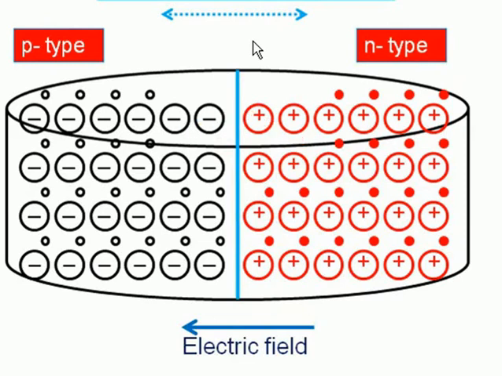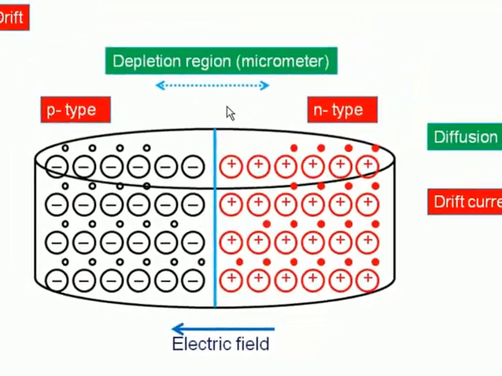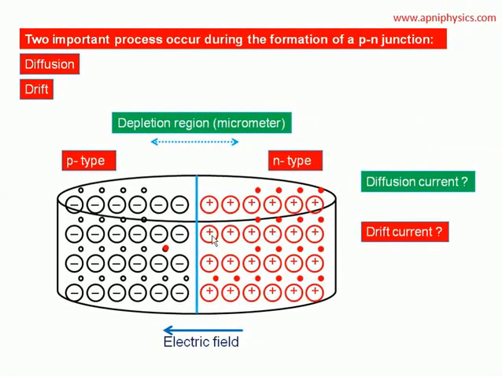When an electron leaves the n-type semiconductor, it leaves an ion behind, and this ion is immobile. This ion is of the donor impurity.